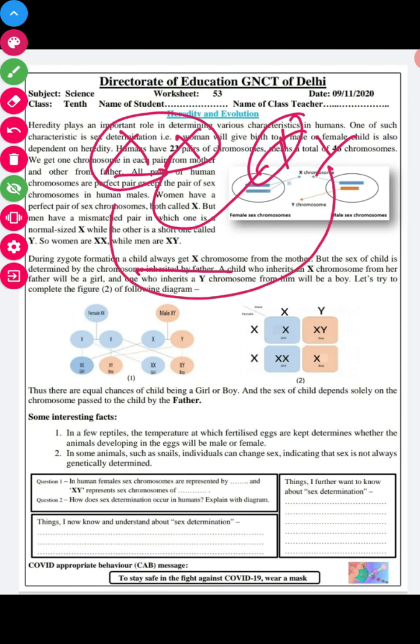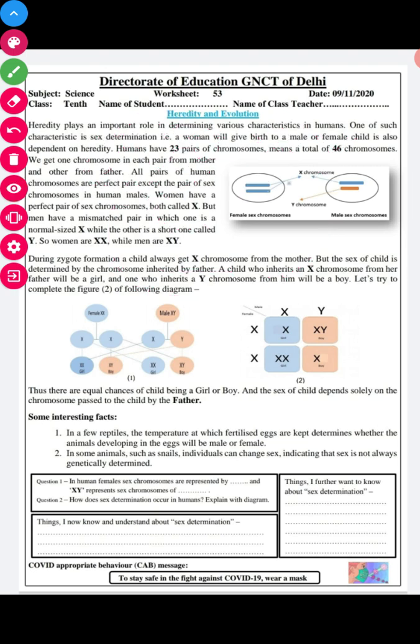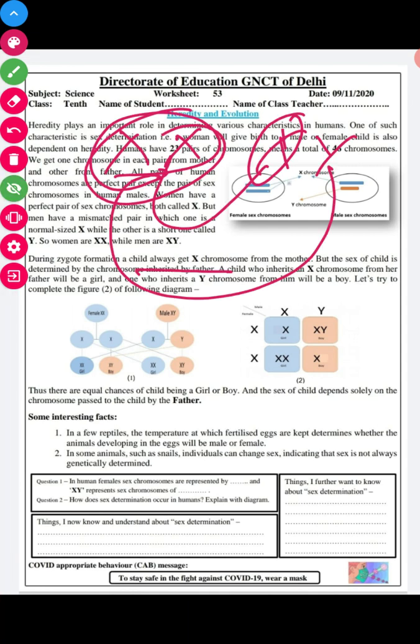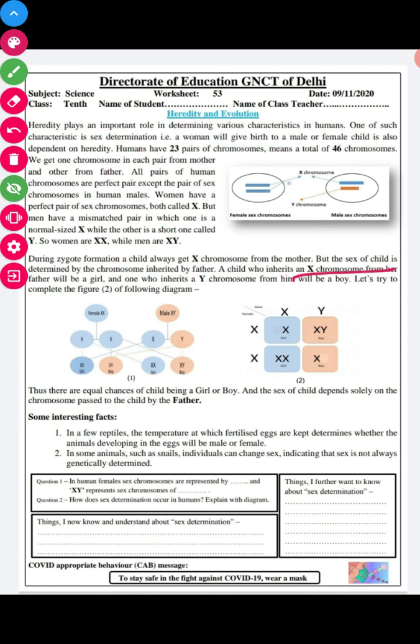If this Y combines with either of these two, it will form a boy. Likewise, a child who inherits an X chromosome from her father will be a girl, and who inherits a Y chromosome will be a boy. So let's try to complete this figure.